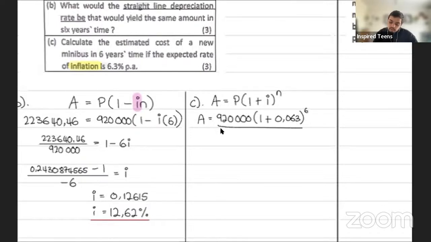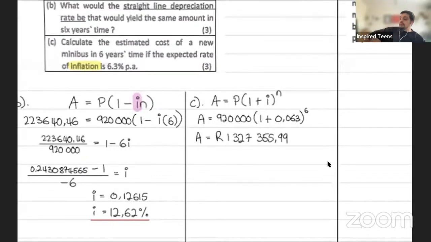So we are calculating how much this 920,000 is going to grow with an inflation rate of 6.3% in 6 years' time. That's what we're essentially calculating. And the answer is, it grows with inflation taken into consideration to 1,327,355.99. Always round off to 2 decimal places.